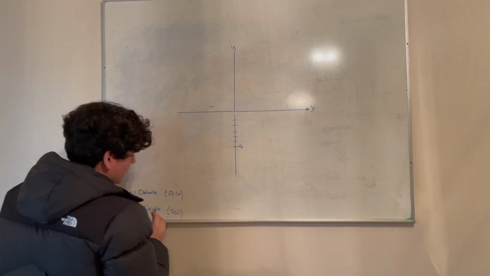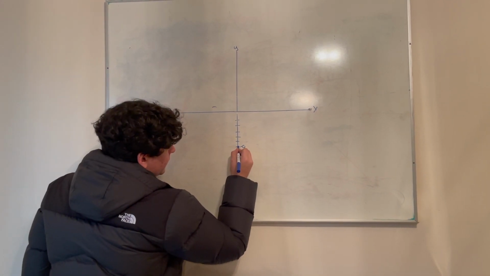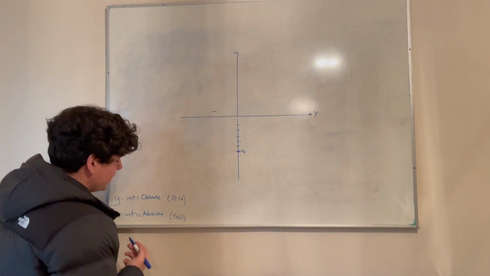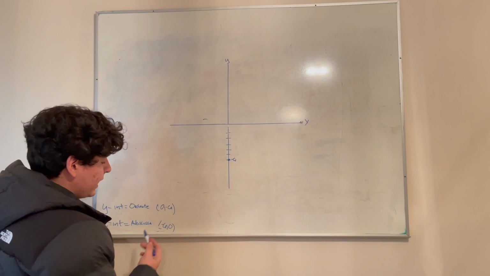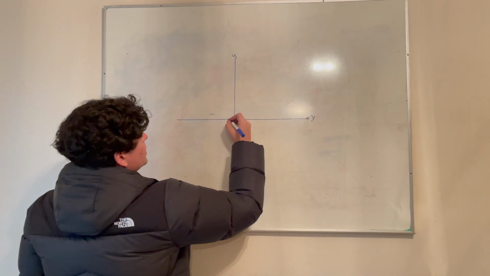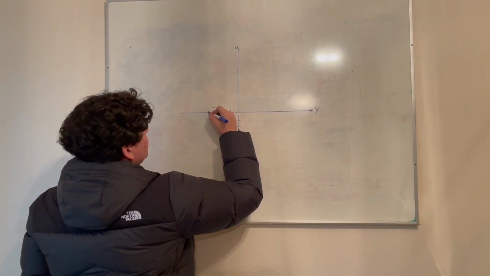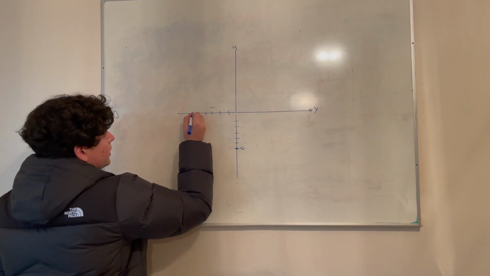We got 0, so we're going to write right here. And our x-intercept, or abscissa, is at -6 with 0. So we're going to do the same process. 1, 2, 3, 4, 5, 6. We're going to write our dot right here.